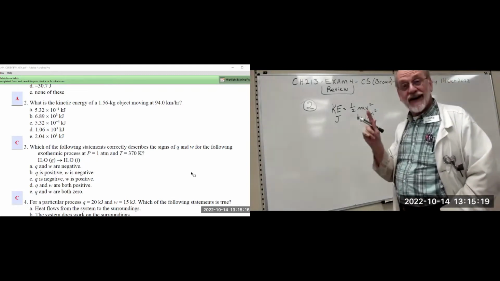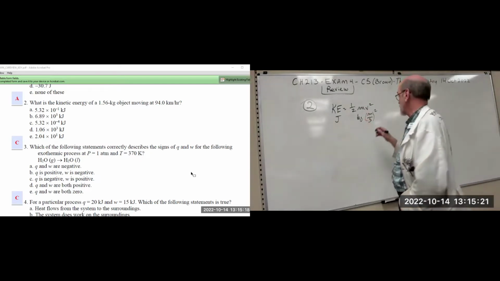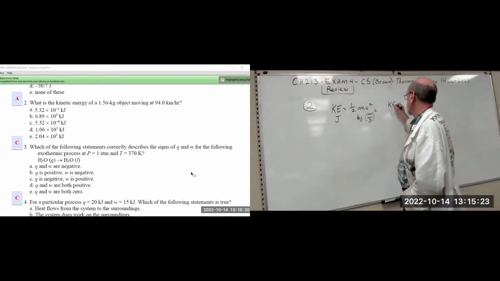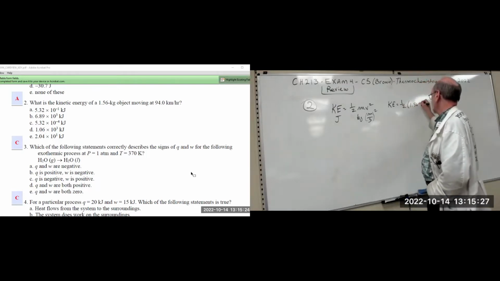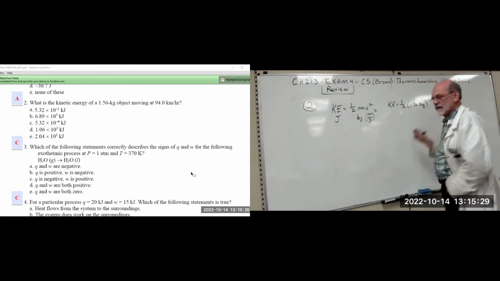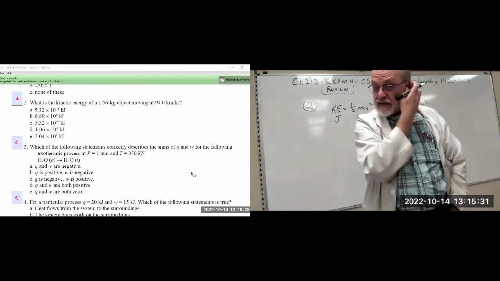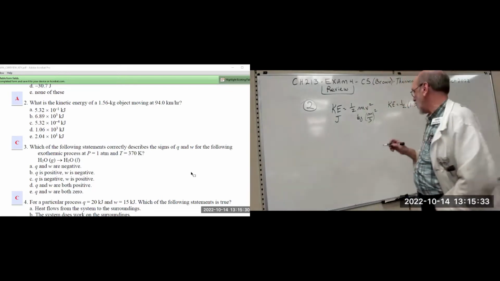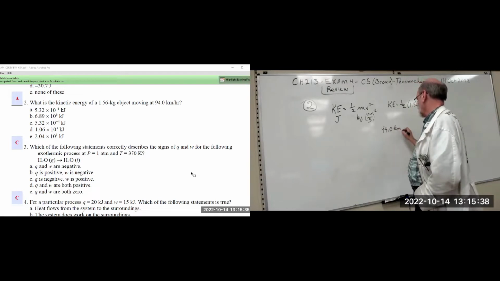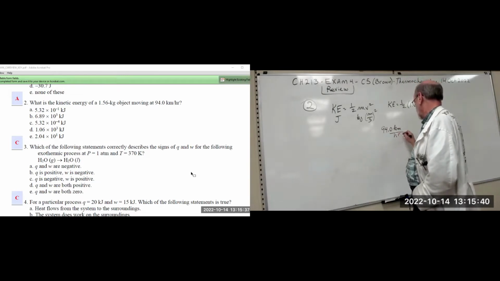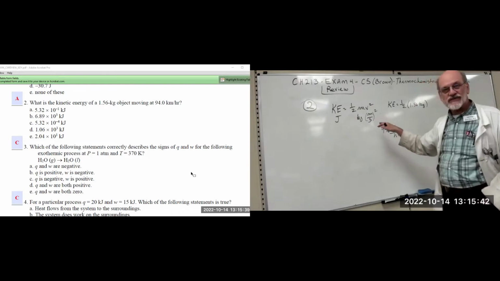The kilograms is fine. 1.56 kilograms is okay. But the velocity is not. It's 94 kilometers per hour. We've got to get it into meters per second.